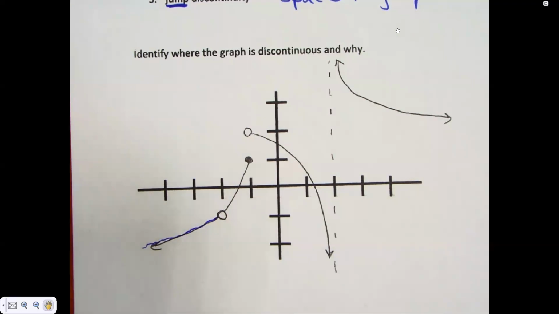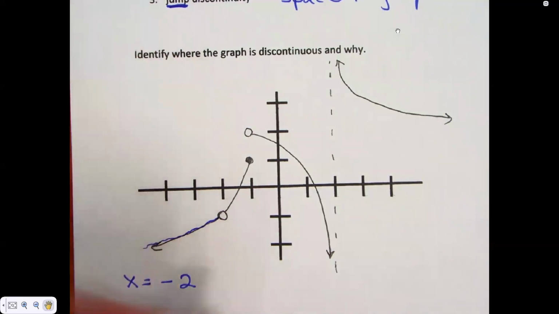As soon as I have to go over it, that's a hole. So when we identify, we simply do the x values. So we would say there is a hole at what value? The x value is -2. So you simply state the x value, -2. And then you have to say why we're saying it's discontinuous there, because it is a hole.